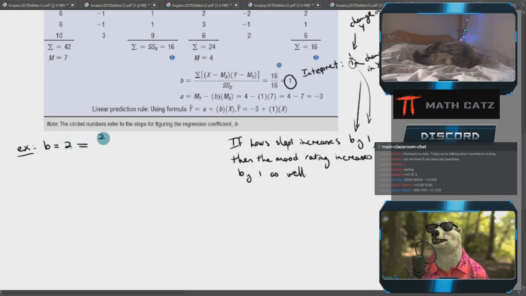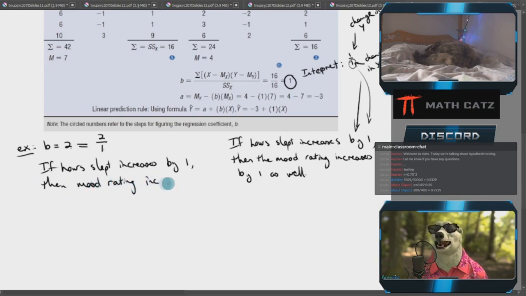I'm going to then write that as 2/1 and say if hours slept increases by 1, remember that's the bottom, then mood rating, according to this, increases by 2, if that was my b.